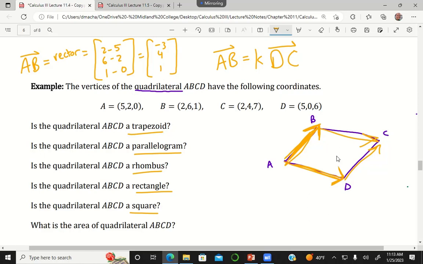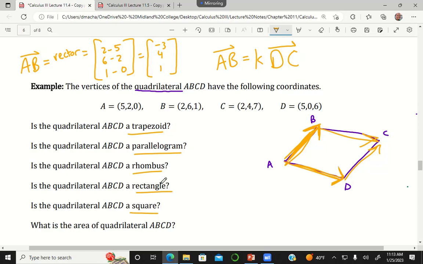If not, then I could check the vector BC and the vector AD. Are those parallel to each other? If they're parallel, then I have a trapezoid and I can move on. If both pairs of opposite sides are parallel, then I would have a parallelogram. And this is how you check if vectors are parallel: if one vector is a scalar multiple of another vector, then those vectors are parallel.